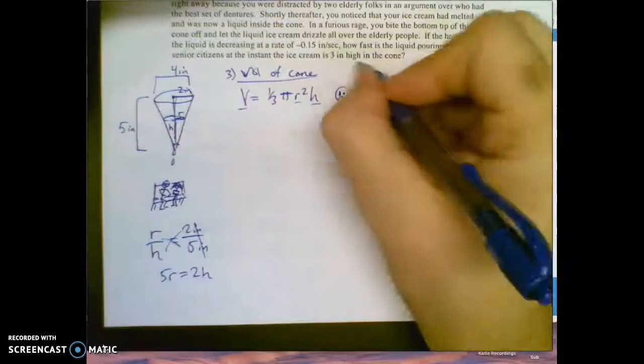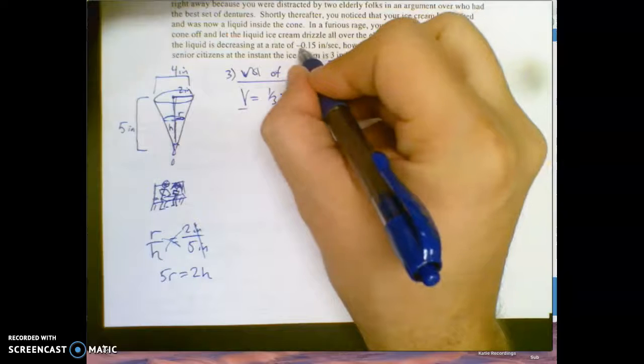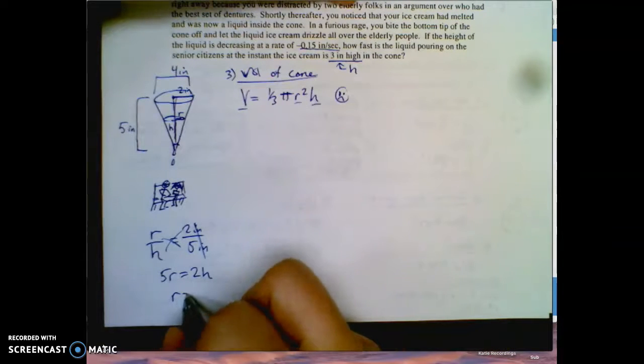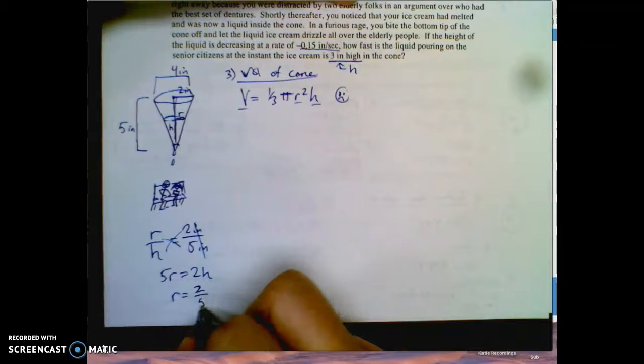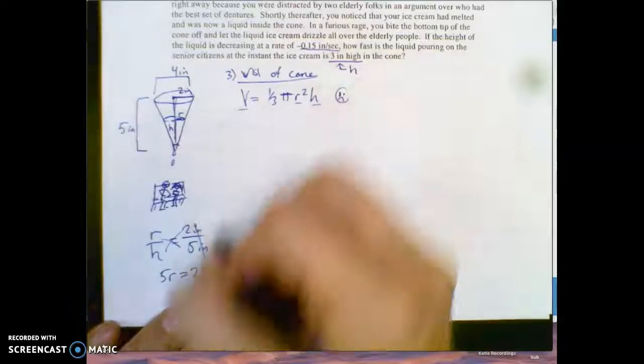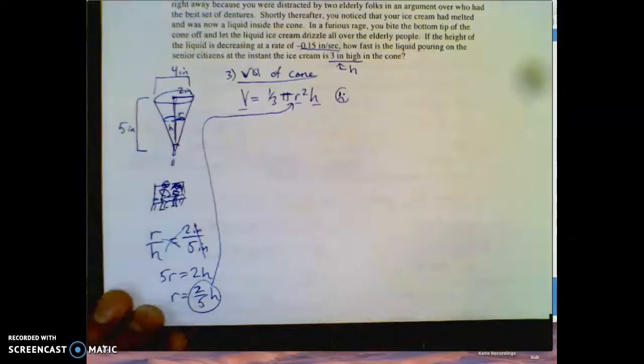And when I look back in the problem, since they talk about what the height is, and they talk about what the rate the height is going down, I want to get rid of r's. If I would have had a different problem, if they would have been talking about the radius, I would have had to get rid of the h's.